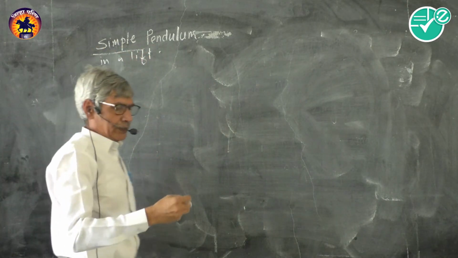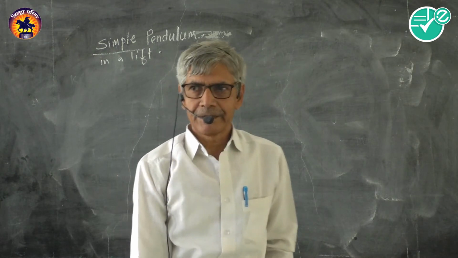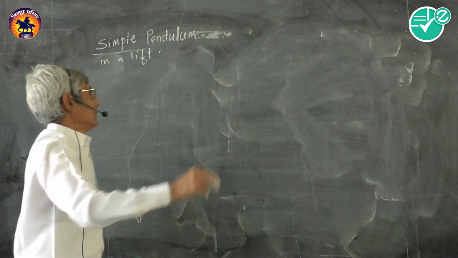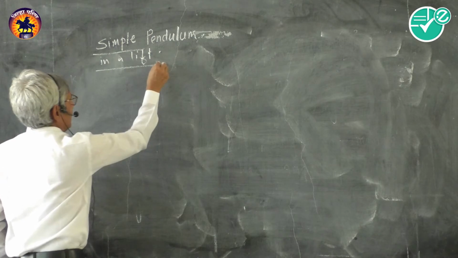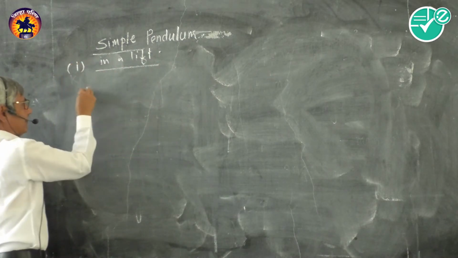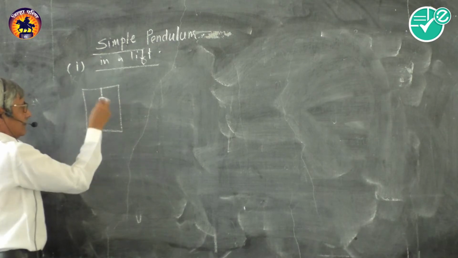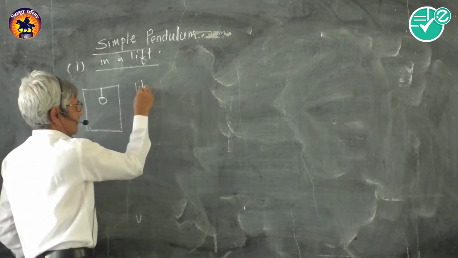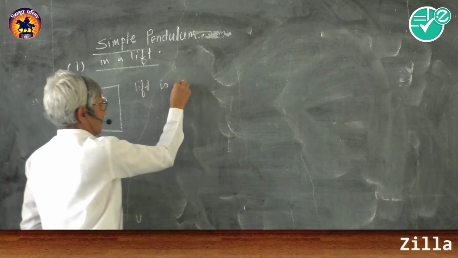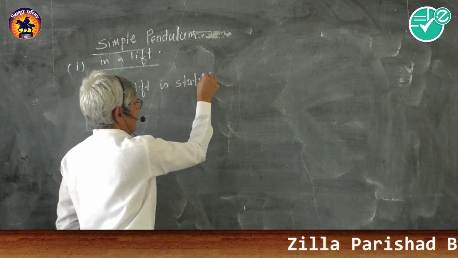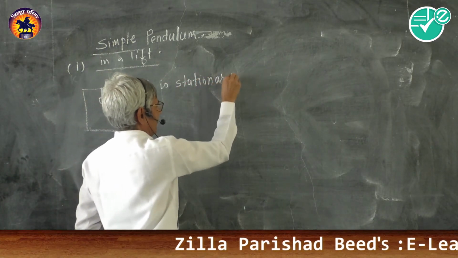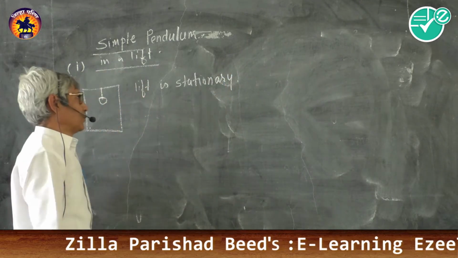We will consider oscillation of the simple pendulum in different situations, that is, in a lift. Suppose that the lift is stationary.